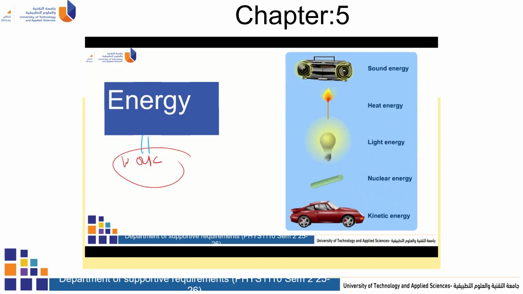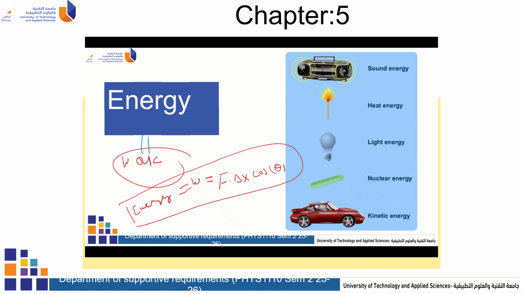For example, if I write the formula for work, W equals the force and the displacement and the cosine theta, this is the work. But if I write here that this is the formula for the energy, there is no harm. This is okay.